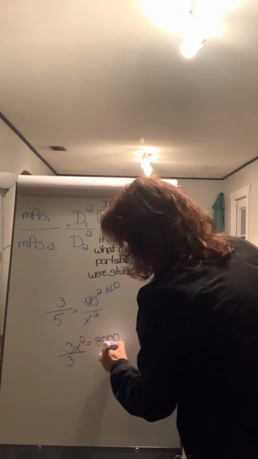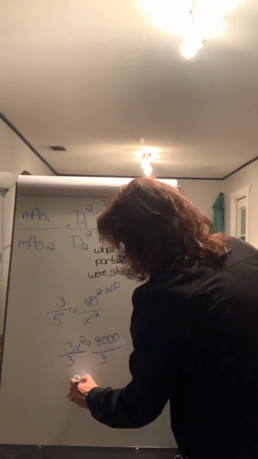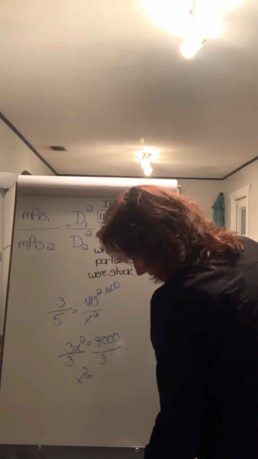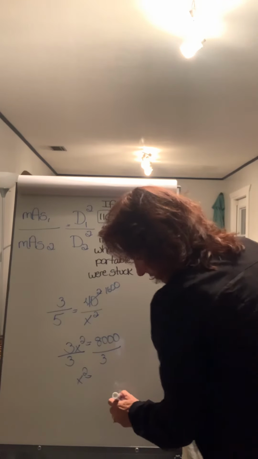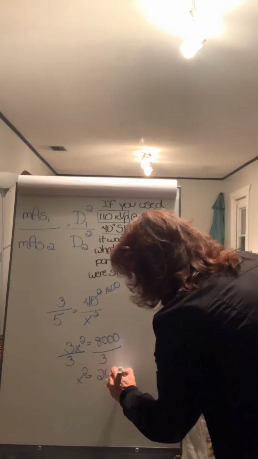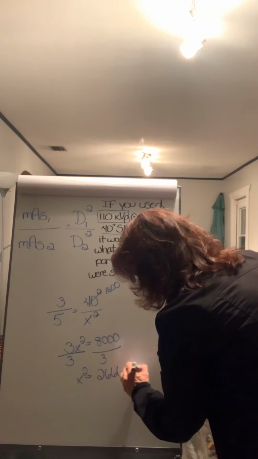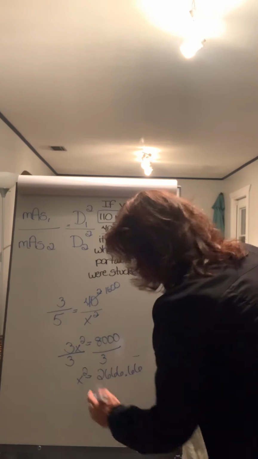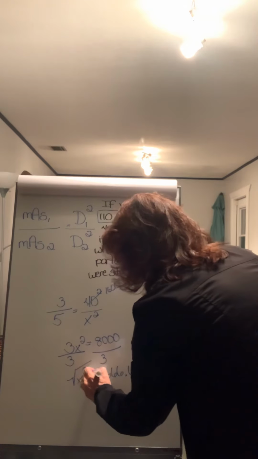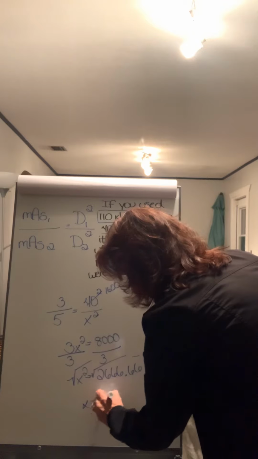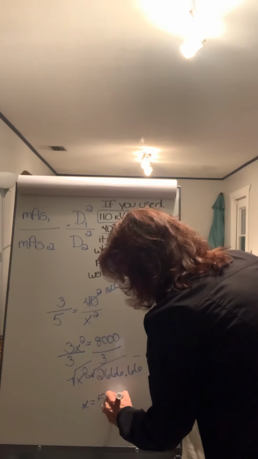Divide both sides by 3. X squared equals 2,666.66 repeating, and then we take the square root of that, and we end up with x equals 51.63.